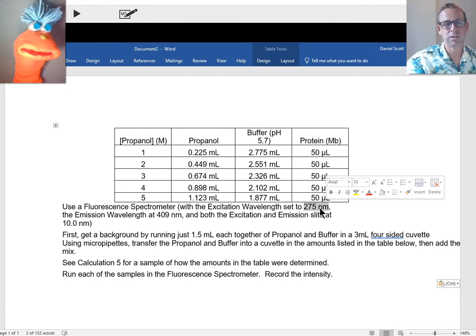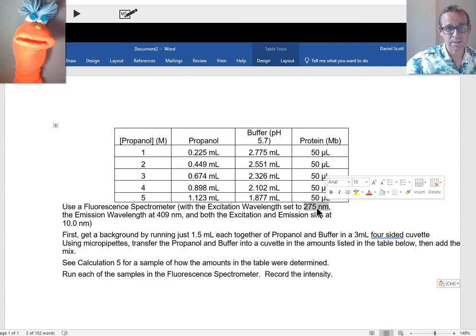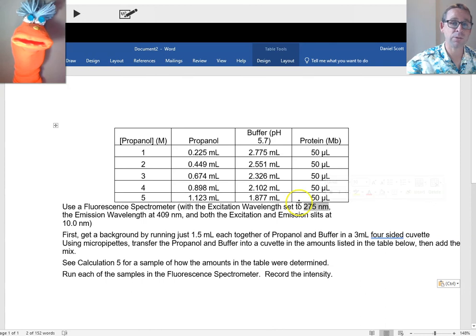Quartz cuvette, which is a glass that's sintered a specific way, will not absorb UV light. But plastic, glass, it will absorb UV light. Now, what's changed is we've been able to manufacture our plastic and mold it in such a way that it now is UV transparent down to a certain point. Not completely, but down to a certain point. And usually it's enough that we can use them. So that's another thing that's important to note in terms of the kind of cuvette that you use when you perform fluorescence.